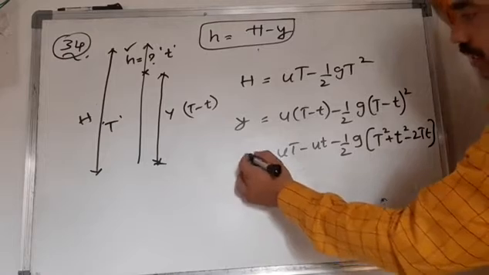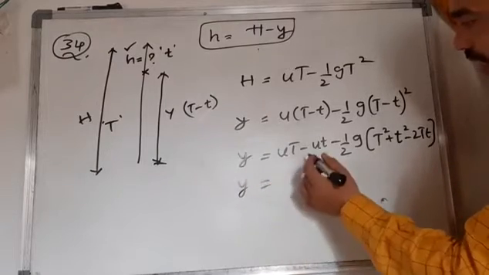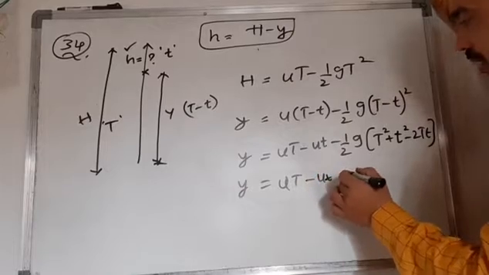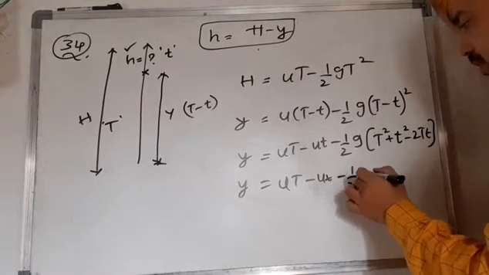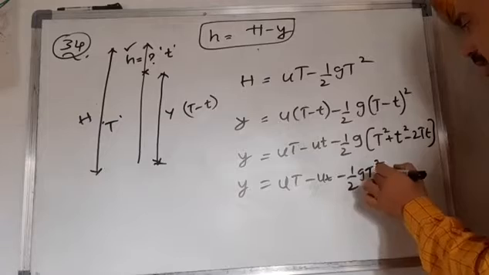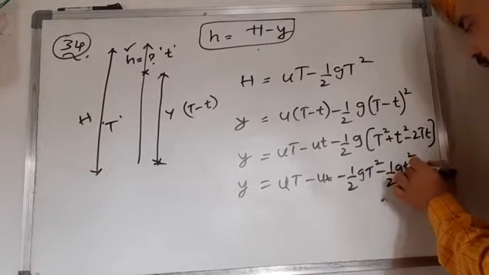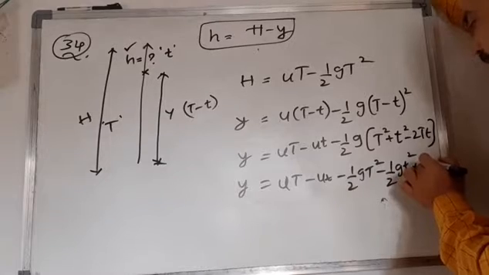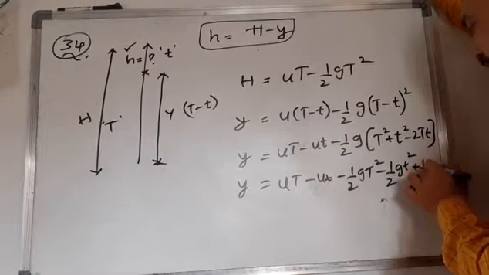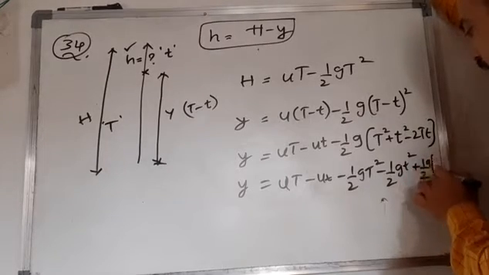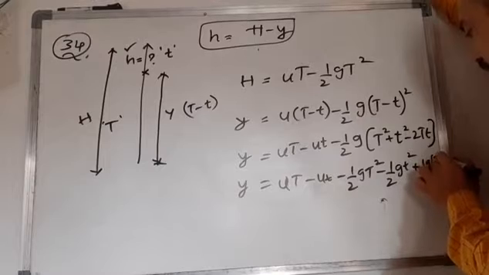Next, I am rewriting this: y is equal to u (capital T minus small t) minus half g T square minus half g t square plus half g into 2 capital T small t.